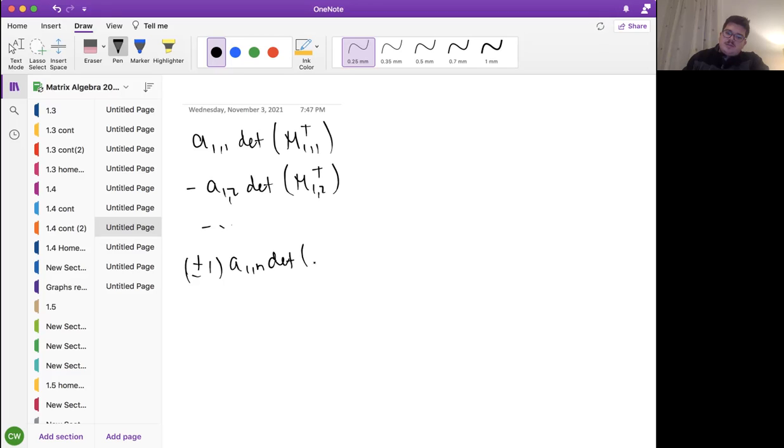A1n determinant of M1n transpose. Now, these are transpose elements, right? But I want these to be transpose. So, for example, what is A12 in the transpose?